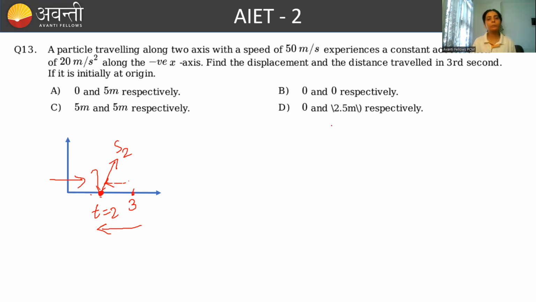Done. So if displacement in third second is 0, it means between 2 to 3 seconds, somewhere its velocity is becoming 0. And thereafter its velocity is changing the direction. अब देखो ये अगर हमें distance निकालना है in third second, how we will calculate that?